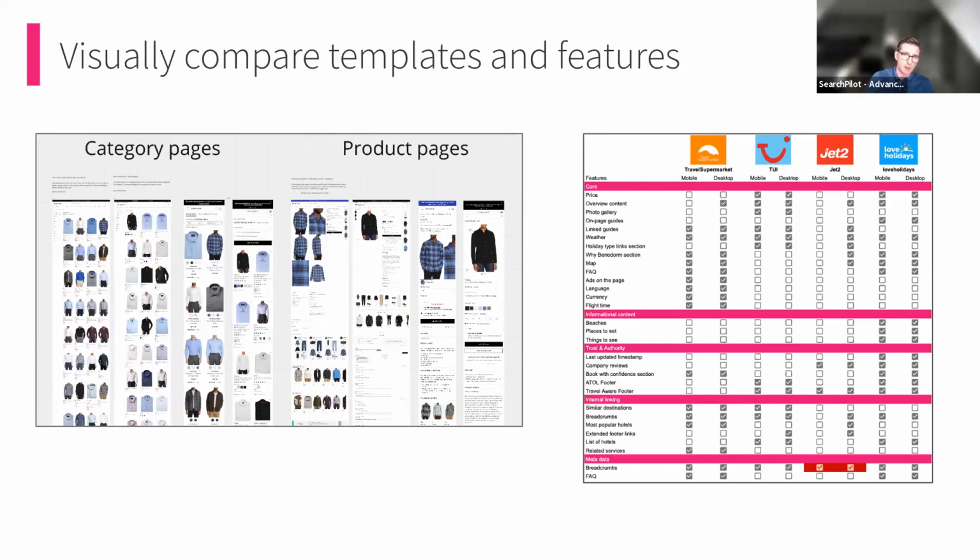For the travel website, I called the first section core features. So this is things like images, weather information, pricing information. Then there was an informational content area, so things like where should you eat, things to see, a section on trust and authority, a section on internal linking, and then lastly, meta information. Even if you just do this, you can generate lots and lots of test ideas very, very quickly.